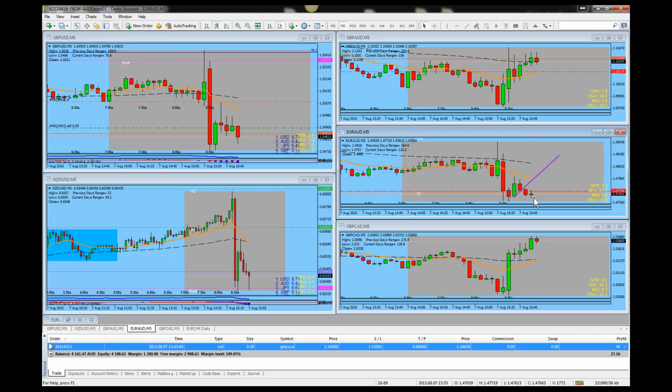The only one I see that I like is this Euro Aussie. I tried to get in 4 or 5 times and couldn't. So here's our 5 pips for that other thing we were doing, but I'm shooting for longer runs right now.